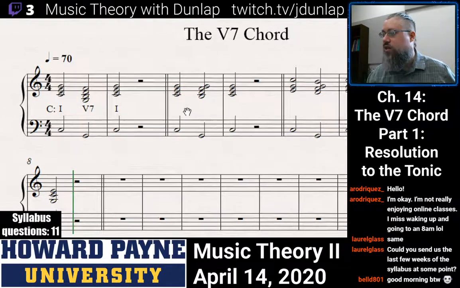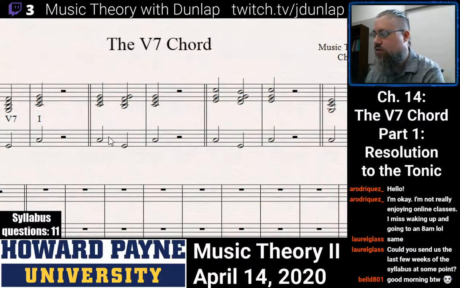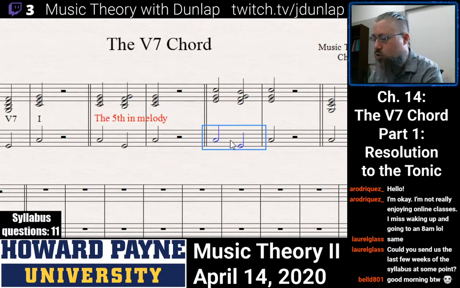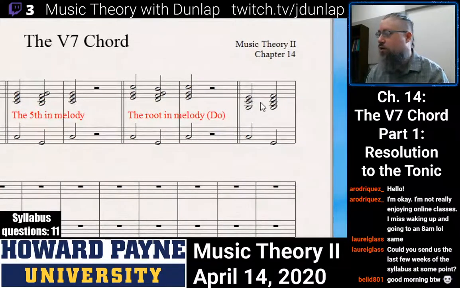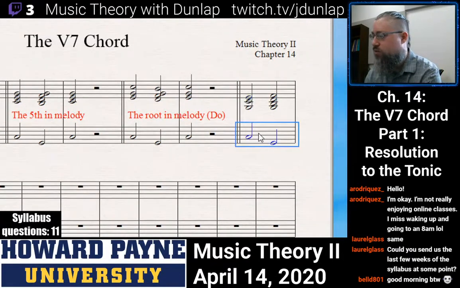So this is hanging out around the fifth in melody. Over here is the root in melody, or, you know, do, which is scale degree 1. And then over here, we've got the third in melody.